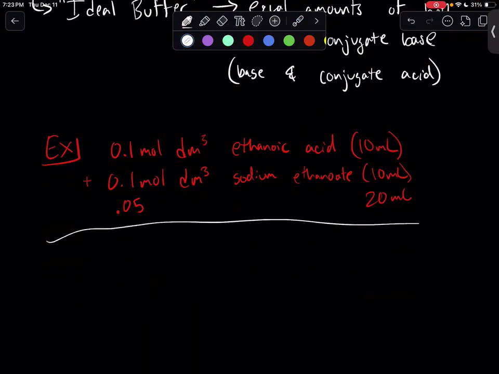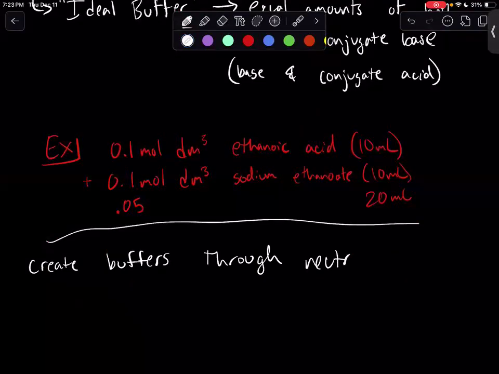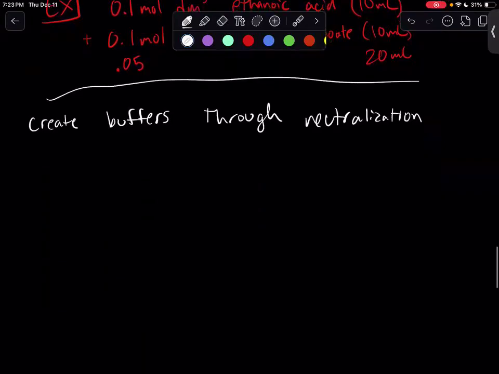Another way to create a buffer is through neutralization reactions. And what I mean is if we have some weak base, we'll set up our titration and we're looking at our pH curve here.